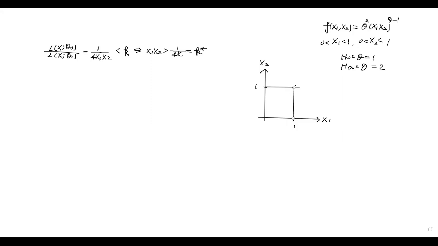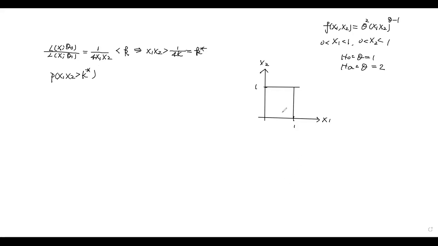Now, in order to find alpha, I want to find the probability that x1 times x2 is greater than k star.